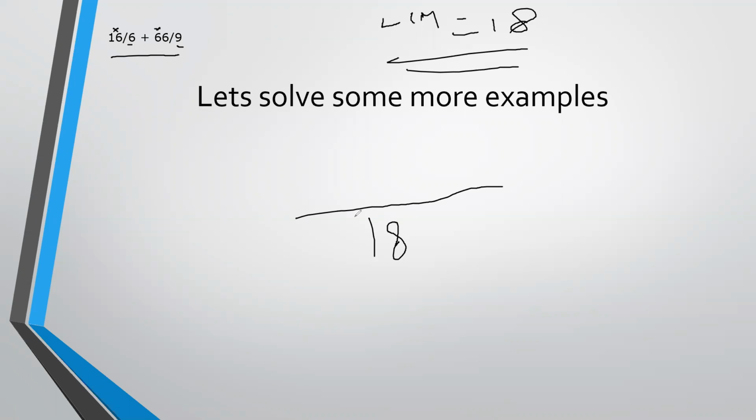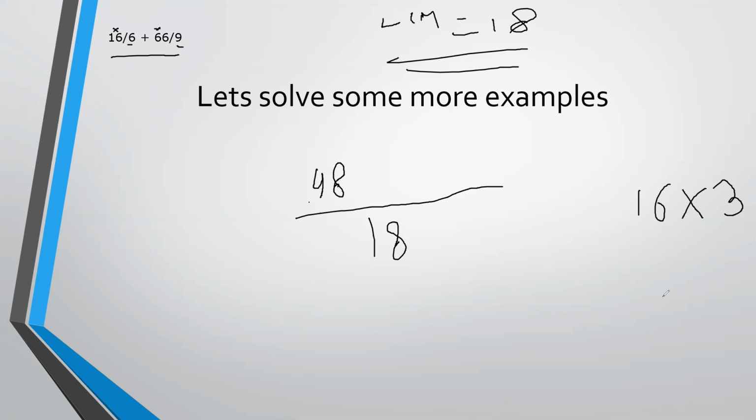So now 18 divided by 6, 6 threes are 18, so 3. 16 into 3 is, just a minute. Okay, so it is 48, I think. Yes, 48.